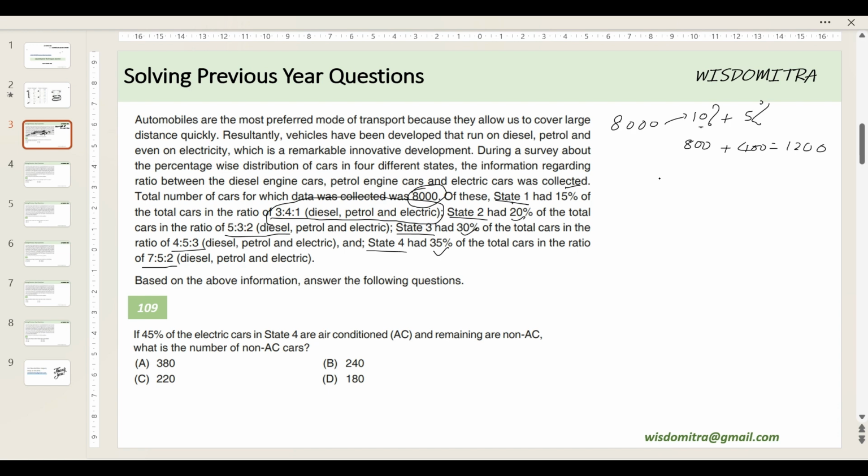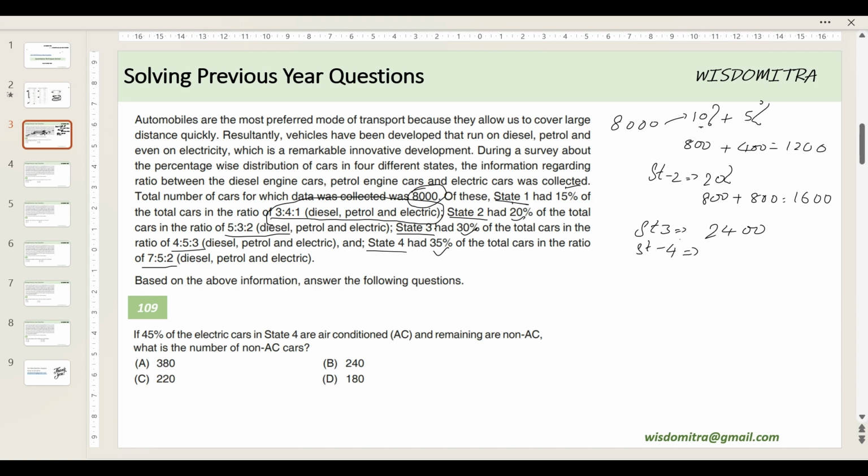Okay, let us see the next one: 20%, right? So state 2, 20% means 10%, we have just seen it's 800. It's nothing but 800 plus 800, which is 1600. State 3 had 30%. That is 8 threes, 2400. So for the remaining, either you can subtract from 8000 to get state 4. That's one way.